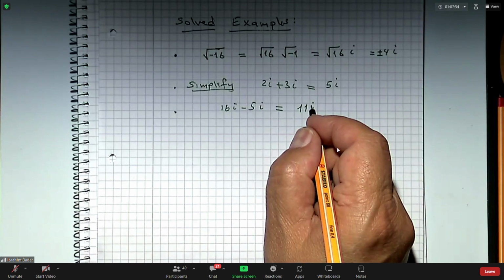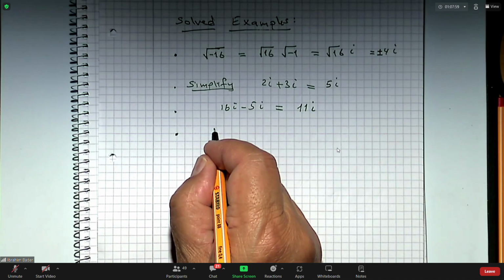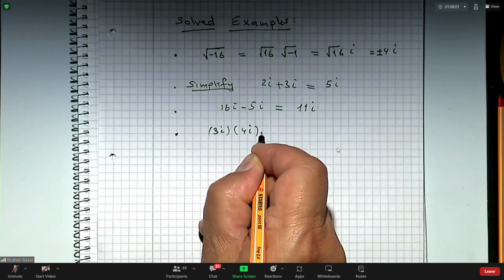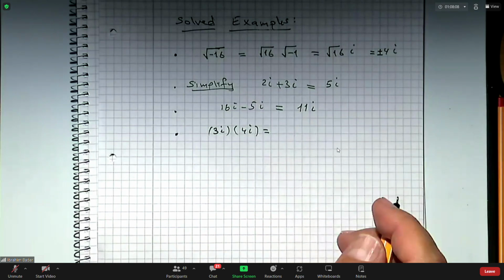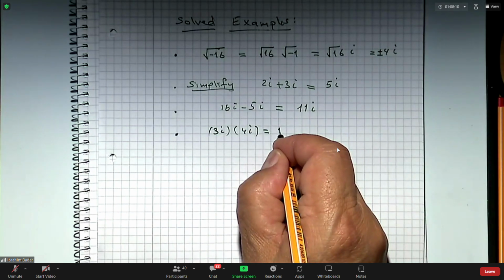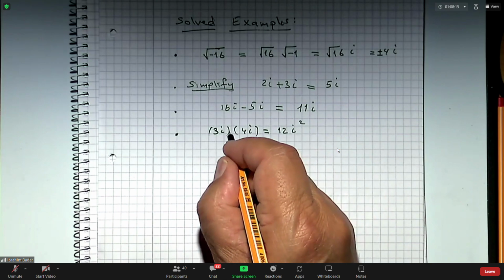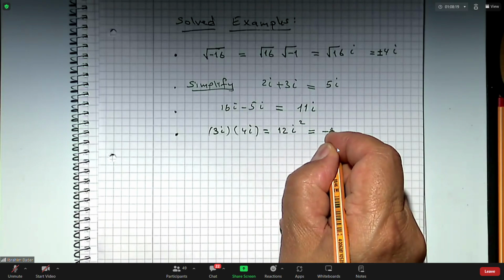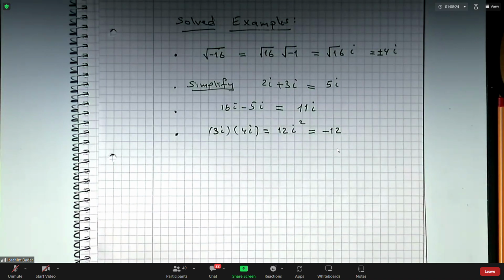Now let's see multiplication. 3i times 4i. This is 12 i squared. Here I just left the multiplication, and this is equal to negative 12 because i squared equals negative 1. Clear?